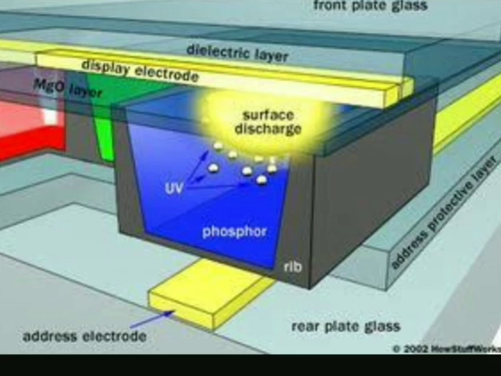When an ultraviolet photon hits a phosphor atom in the cell, one of the phosphor electrons jumps to a higher energy level and the atom heats up. When the electron falls back to its normal level, it releases energy in the form of visible light photons.